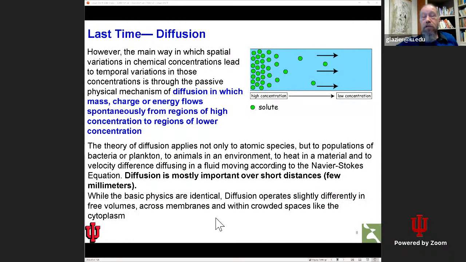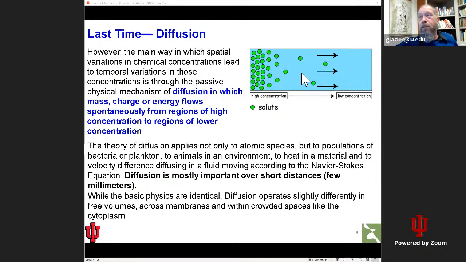We talked a little bit about diffusion. The random movement of molecules leads to a general flow of concentration from high concentrations to low concentrations.